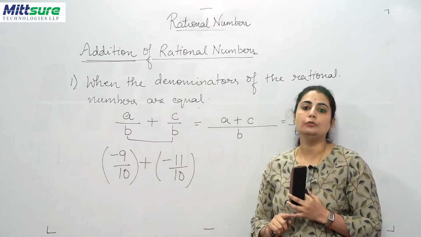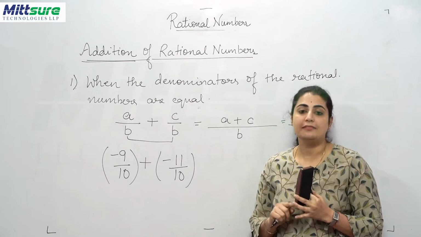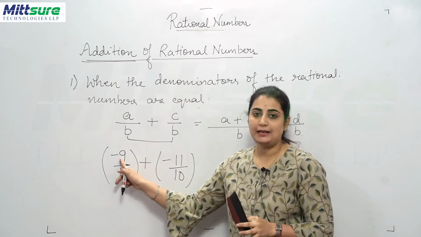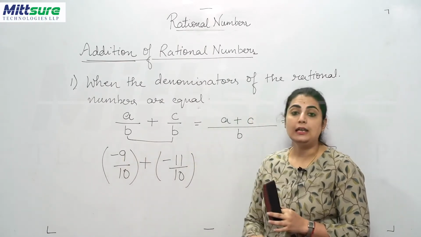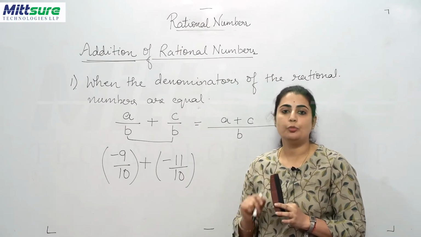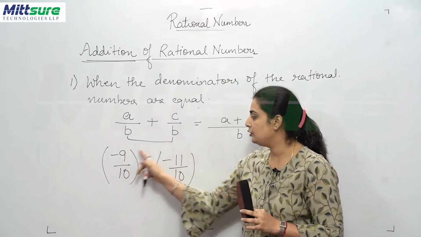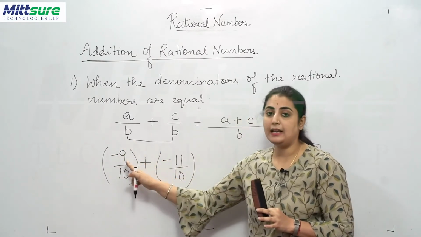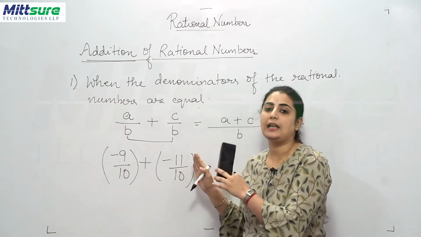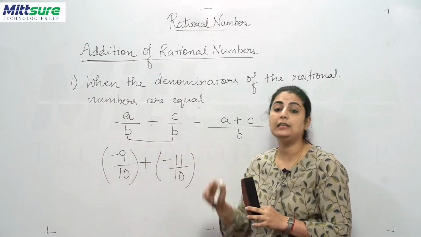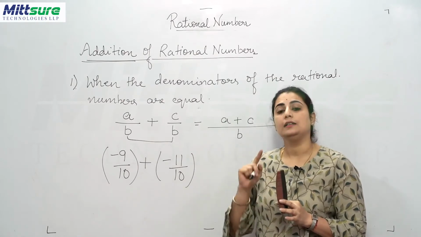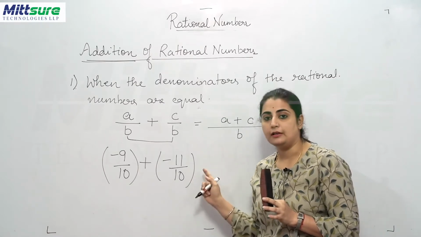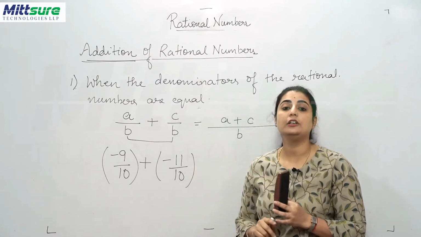You need to add their numerical values keeping aside the sign. So when I have the integers minus 9 and minus 11 in the numerator, I am supposed to add their numerical values in spite of the fact that their signs are negative, and the sign of the greater integer will be given to the answer.